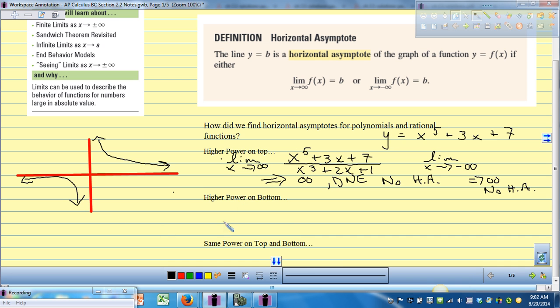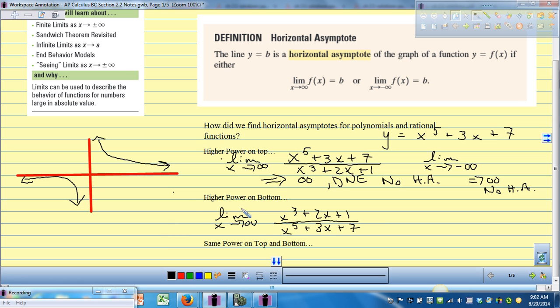All right, well, what's going to happen if I look at the limit as x goes to infinity of x to the third plus 2x plus 1 over x to the fifth plus 3x plus 7? Same idea. Those other terms in the polynomials become unimportant.